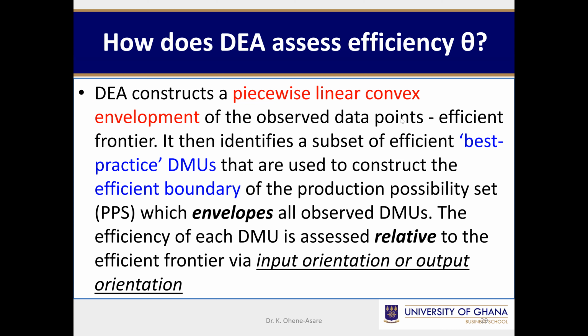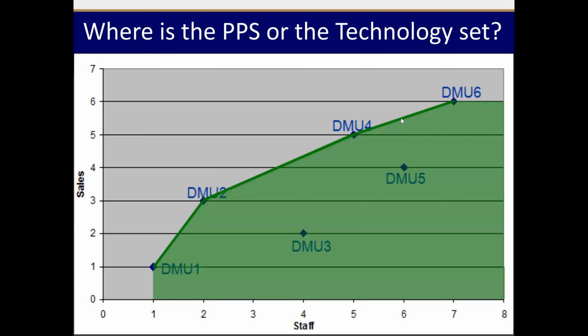Then the efficiency of every firm is assessed. Every firm, including those on the frontier, every firm's DMU efficiency is assessed in relation to the frontier that has been constructed along the input direction, if it's an input orientation, or output orientation. Whenever you are doing your work, you have to select which orientation you are to use.